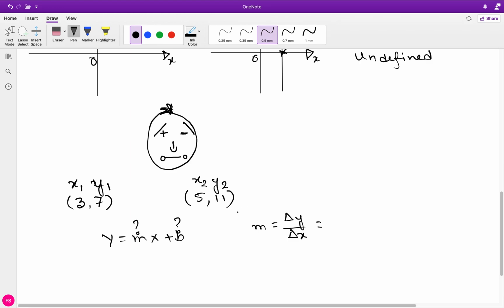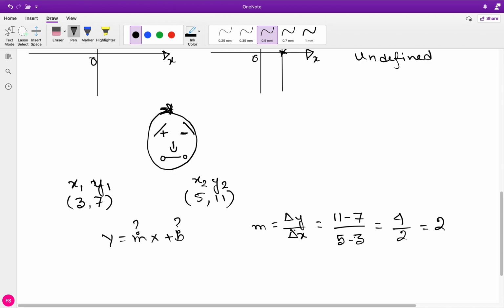That means the change in y is 4. You can write 11 minus 7 equals 4. For the run, from x equals 3 you move to x equals 5. That means the run is 2 in the positive direction, and this is how you can get it: 5 minus 3, which equals 2. That means the gradient of this line is 4 over 2, which is just 2.